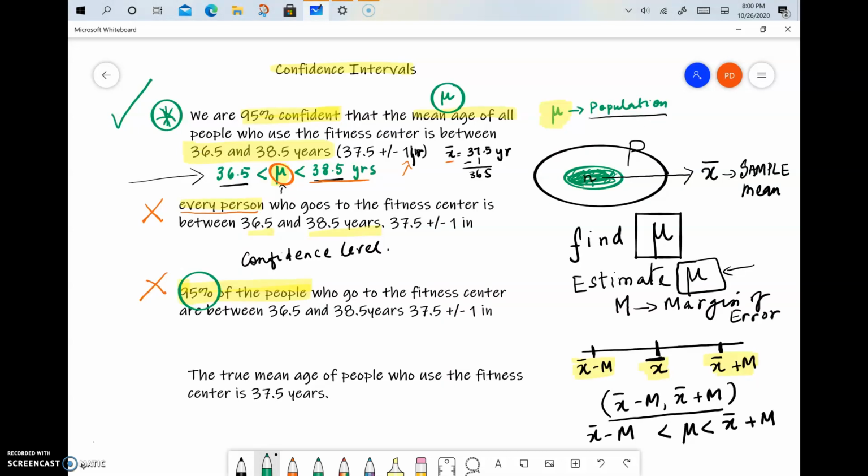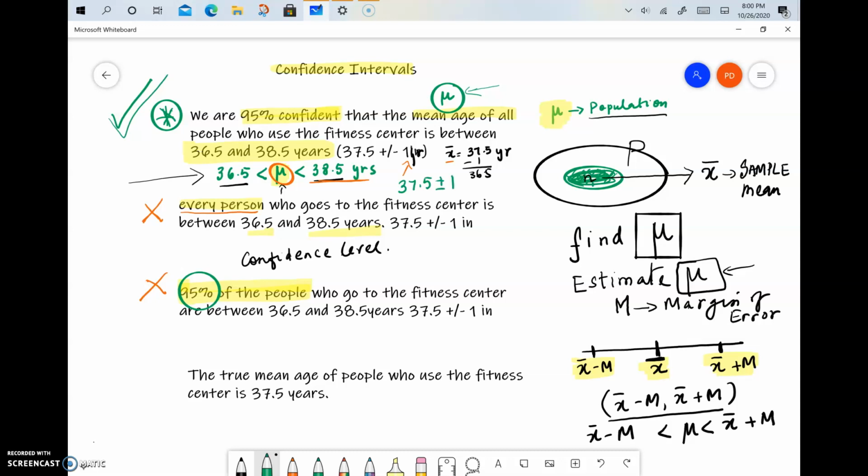We say we are 95% confident, reading the first statement, which is the only correct statement, that the mean age of all people who use the fitness center, which is mu, because we're talking about the entire population, is between 36.5 years and 38.5 years. How did we get that? In parentheses, you can see it is 37.5 plus or minus 1.